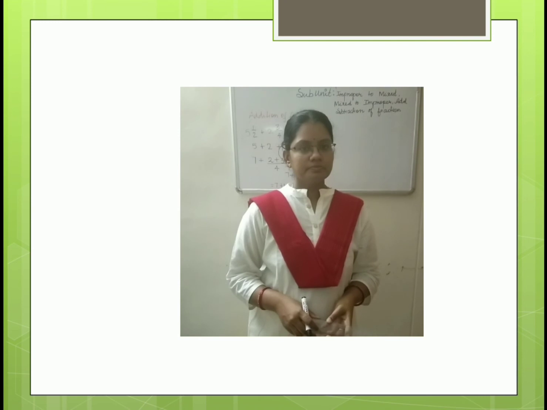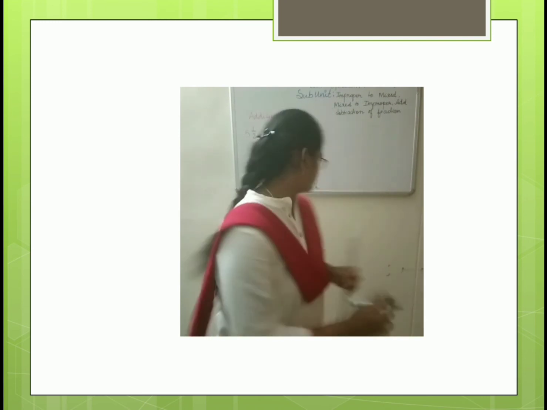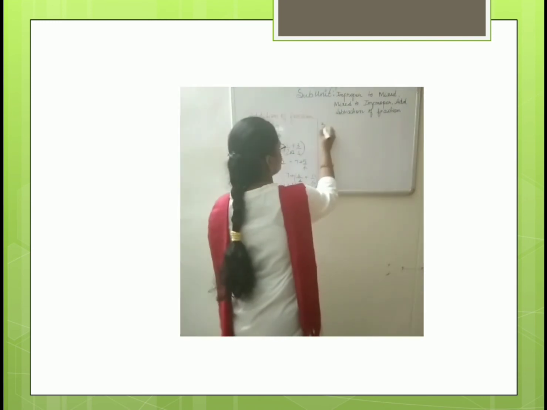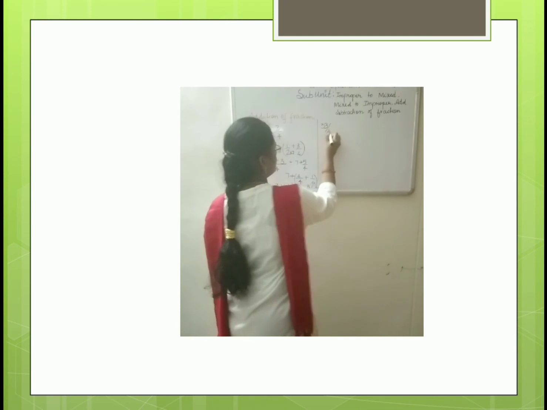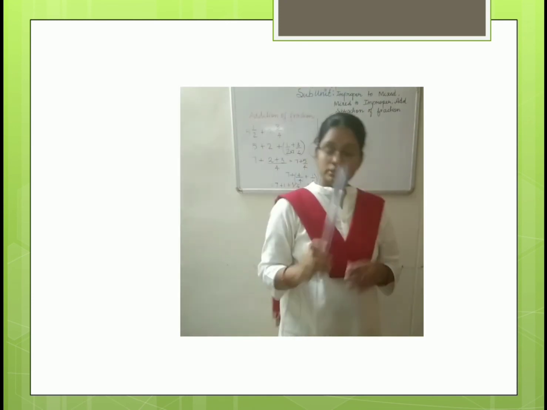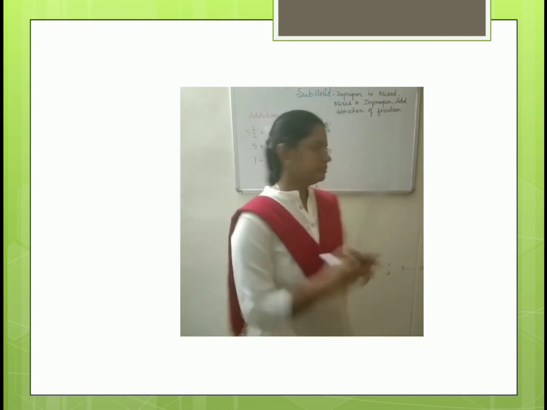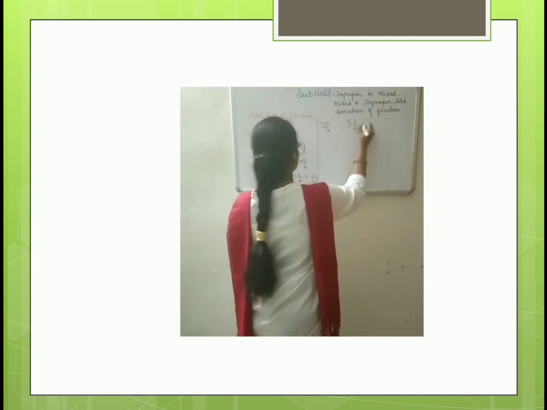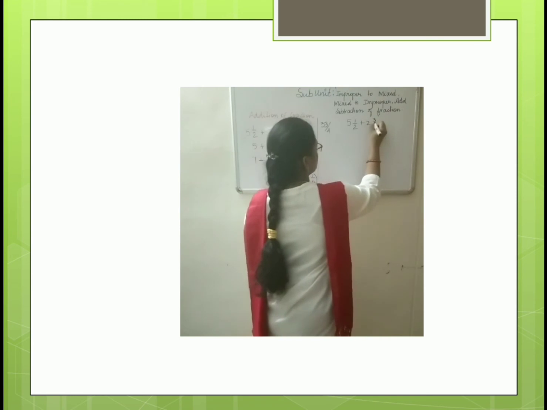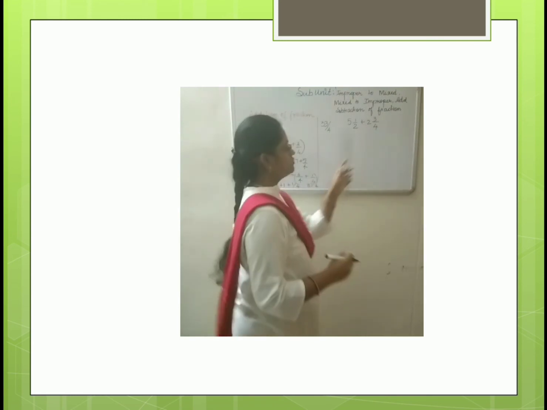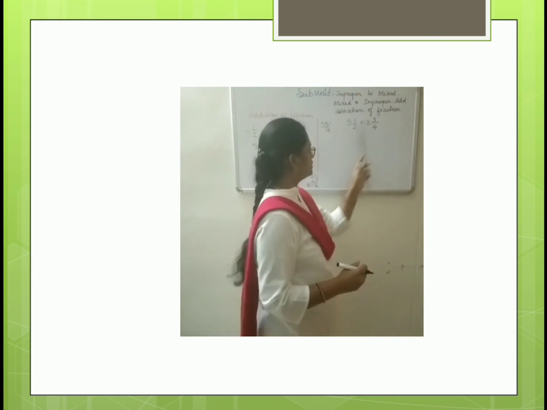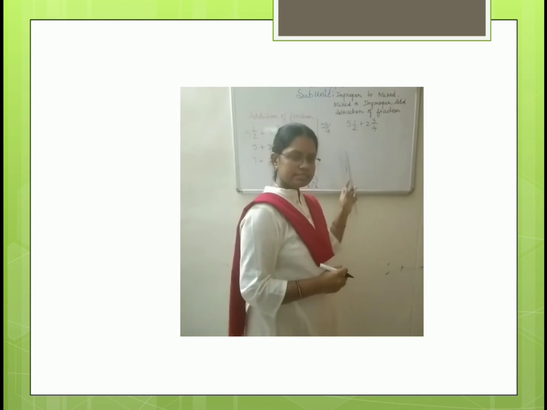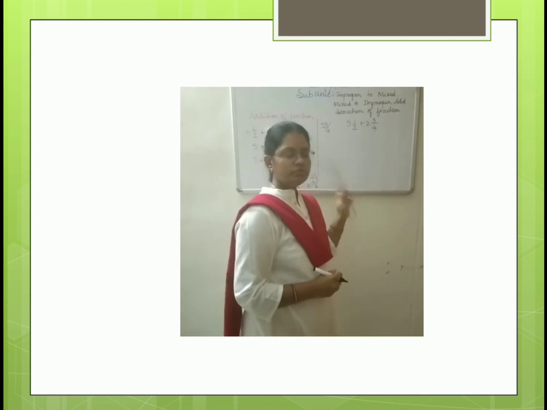Now we are going to solve the same question in another method. Question is 5 1 by 2 plus 2 3 by 4. You are going to add. This is another method where we are going to multiply the whole number by the denominator and add the numerator. 5 2s are 5 into 2.